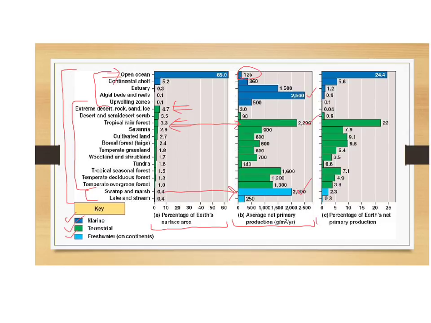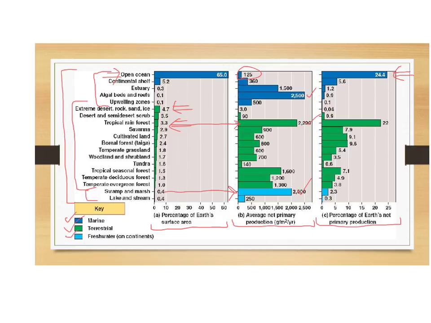Now C, percentage of Earth's net primary production. This is where we take both A and B and talk about which one is the most productive in absolute terms. So again, let's take a look here. Open ocean is right here at 24.4%, where it says percentage of Earth's net primary production.